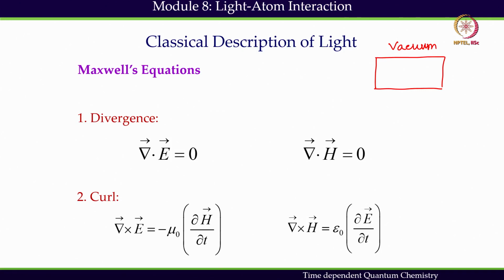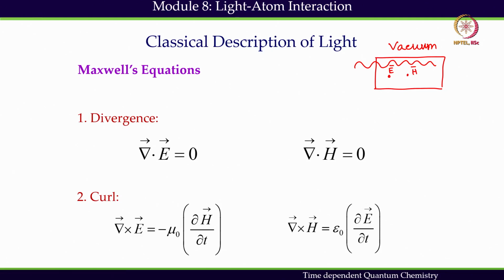In the vacuum, light is propagating with its classical nature. When it is propagating, I have to define how it looks, and to define it, Maxwell's equations suggest that at different points of this medium, you find out the nature of the electric and magnetic fields, and that nature will define how the light behaves in that medium.